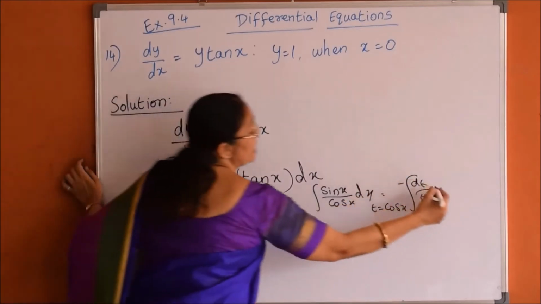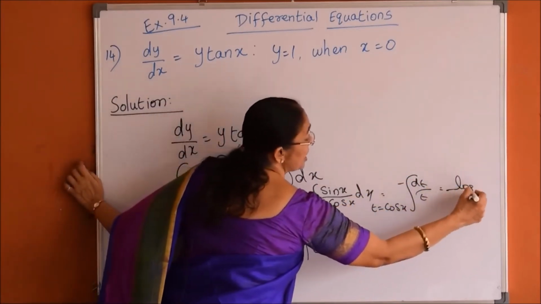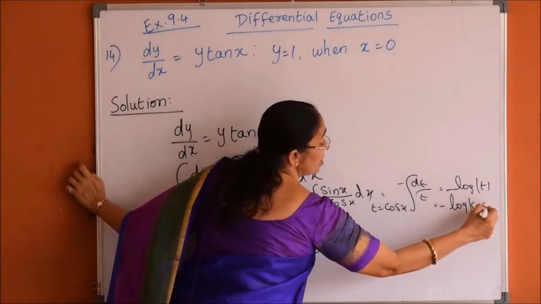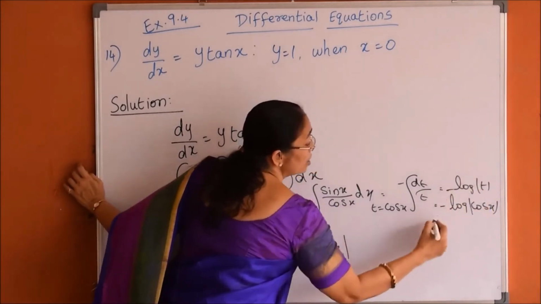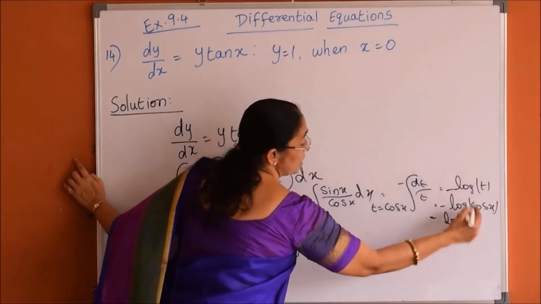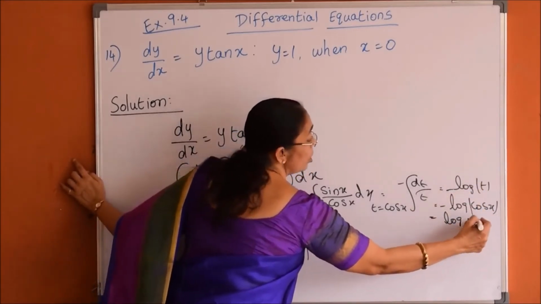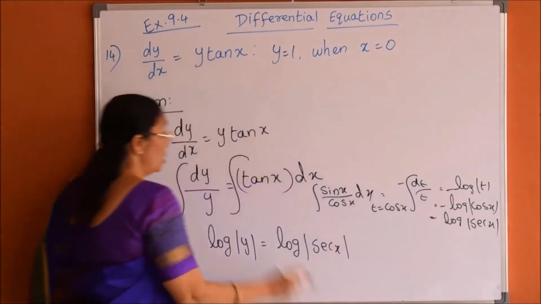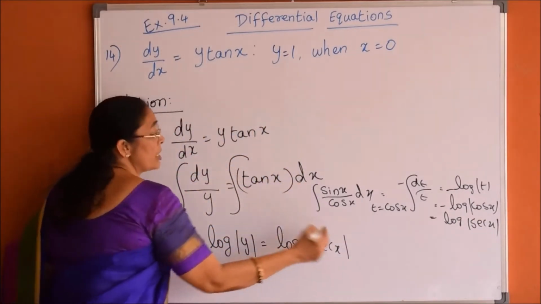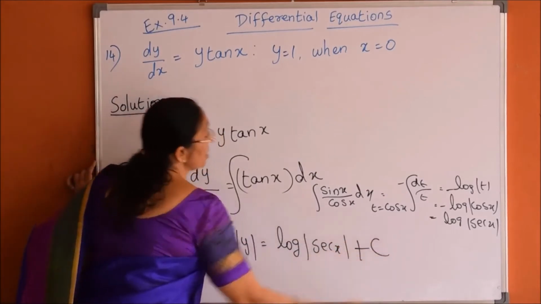So this answer is minus log mod t, which is nothing but minus log mod cos x. Now we take this minus 1 to the power, so it will become log mod cos x power minus 1, which is 1 by cos x, or log mod secant x. So integration of tan x dx is log mod secant x plus c.